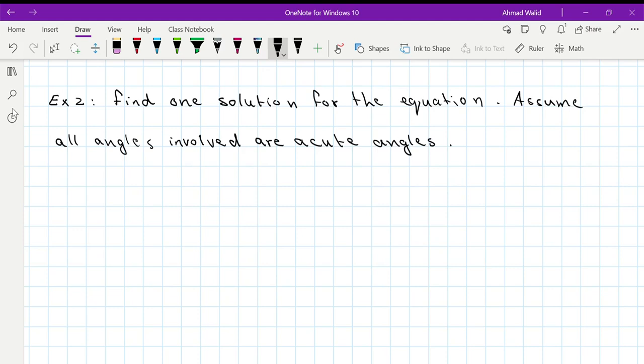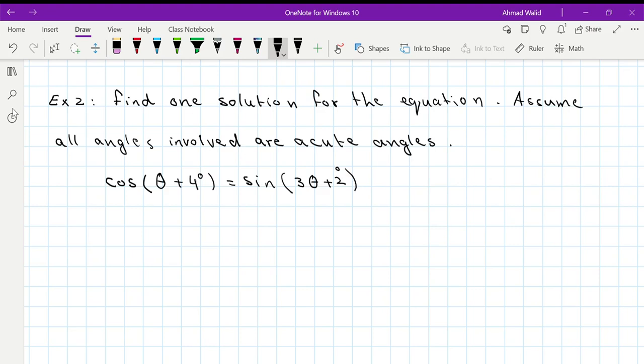What is the equation? The first example, I think, here. Cosine of parentheses theta plus 4 degrees equals sine of 3 theta plus 2 degrees.